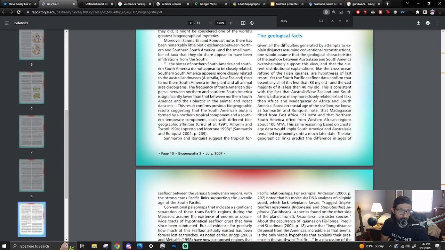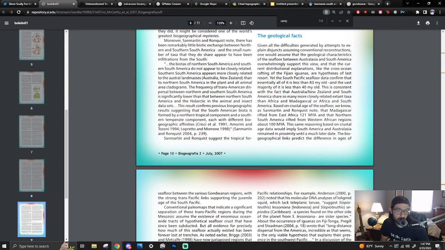This is consistent with the fact that Australia, New Zealand, and South America share so many more closely related extant taxa than Africa and Madagascar or Africa and South America, based on crustal age, so even more than Africa and South America. These are related.